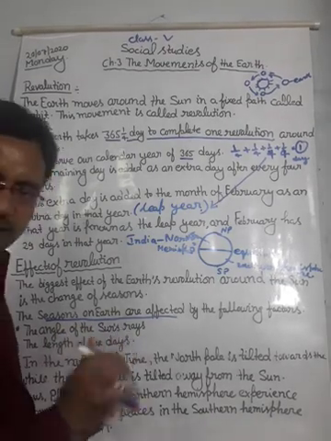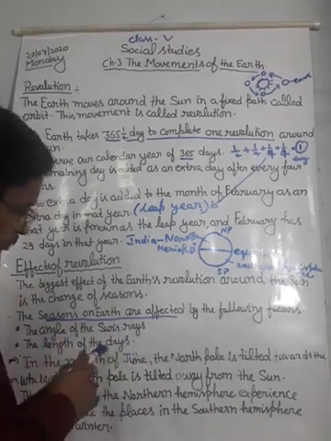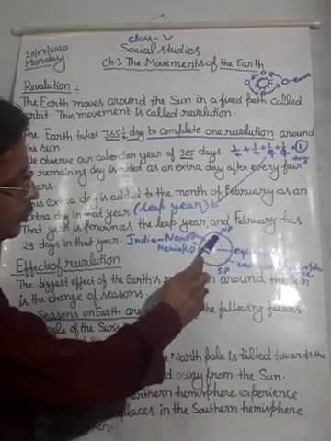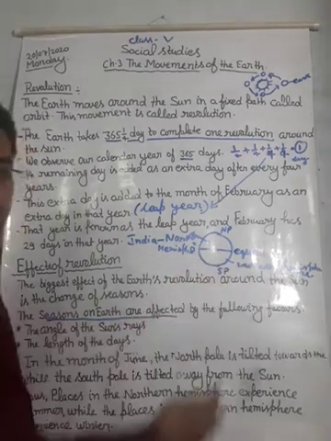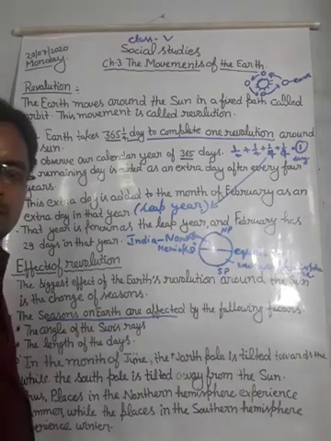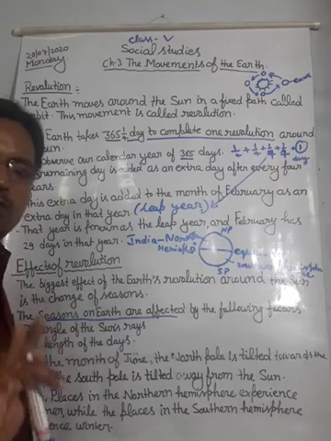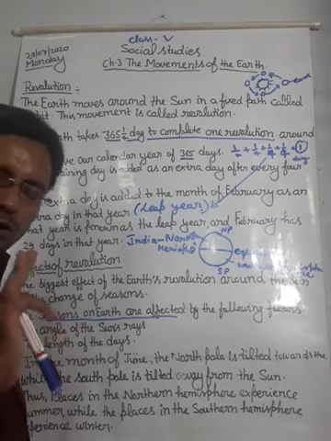And the other thing is, when we talk about the length of the day, I talked about the angle of the sun rays, and next is the length of the day. Dear student, when this portion, the northern hemisphere, is tilted towards the sun, it will face more and more sunlight for a long time.